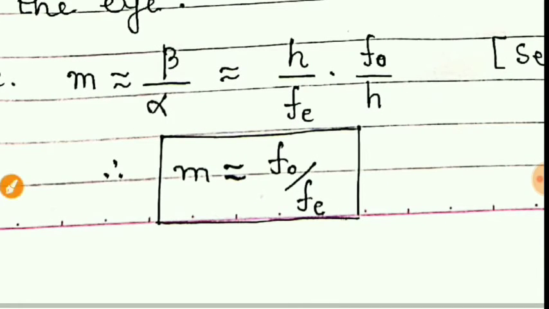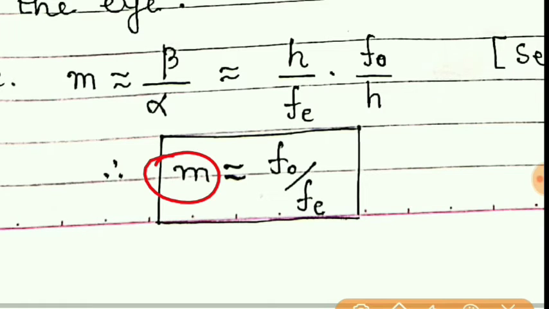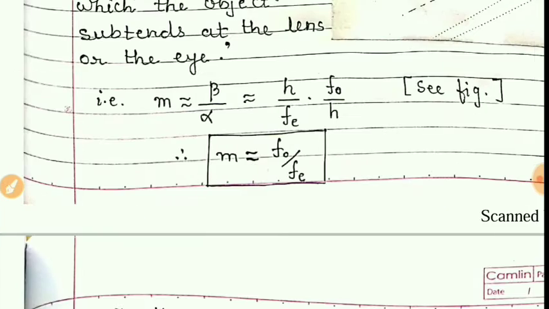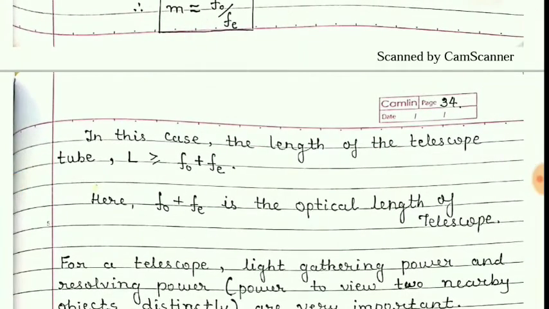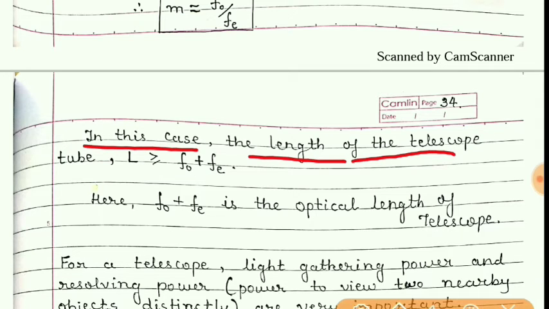So students, what should be done to get large magnification? To get large magnification, we can increase the focal length of the objective, or we can decrease the focal length of the eyepiece. In this case, the length of the telescope tube L should be greater than or equal to FO plus FE. So this is the condition for the tube length of the telescope.